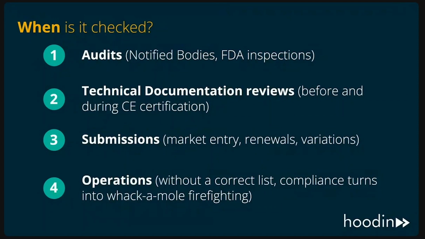You really don't want to turn this part of compliance into whack-a-mole firefighting. You need this, as I said in the beginning, as your kind of Bible, it's your go-to source. Whenever you have a question from operations, you have that list. And you can certainly find a lot of answers in there. And it could provide the guidance. I'm not talking about guidance documents, but your internal guidance on what to do and what not to do.